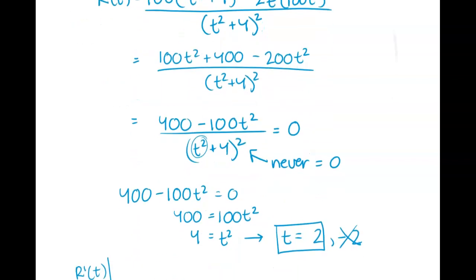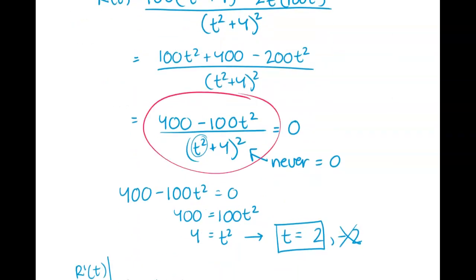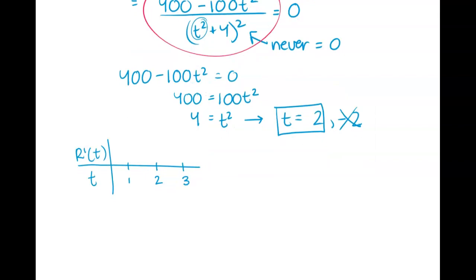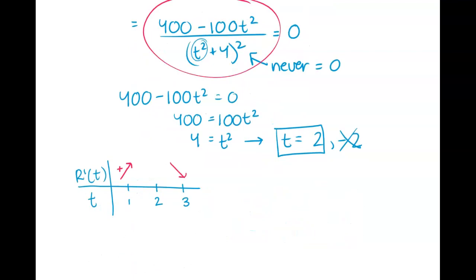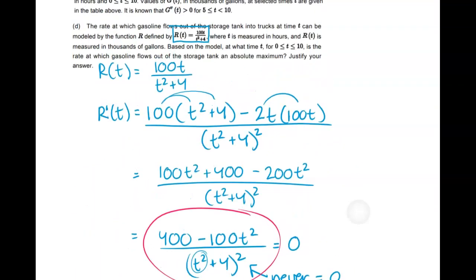If we look at this most simplified version, we put a 1 in, the numerator will get 400 minus 100, which is 300, which is positive. Denominator is always positive, so derivative is positive. If we check at 3, denominator is always positive. Numerator at 3 would be 400 minus 900, which is negative. Negative over positive will be negative, so negative. So it looks like 2 will be the location of a maximum.